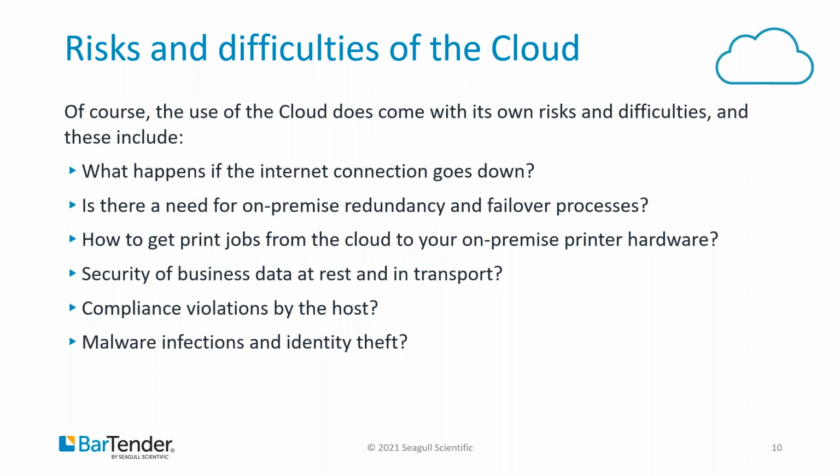Because of course, the whole point of a printer is that it is in your factory, it is in your warehouse and offices. It's not going to be in the cloud itself. So we need to somehow transport that print job from the cloud server down to your on-premise printer. That has its own complications, of course.